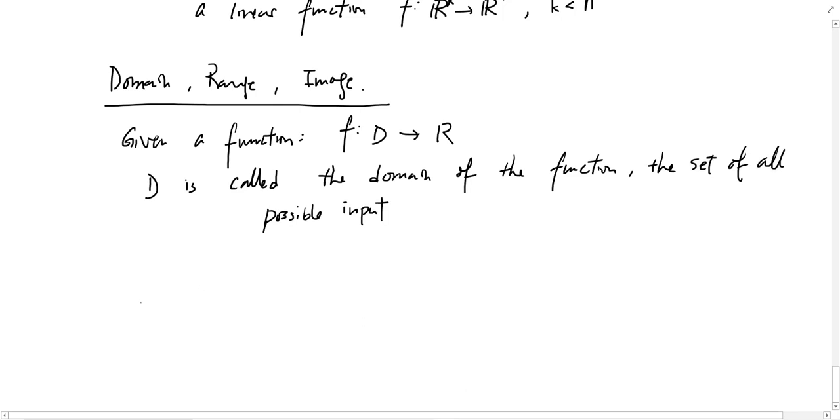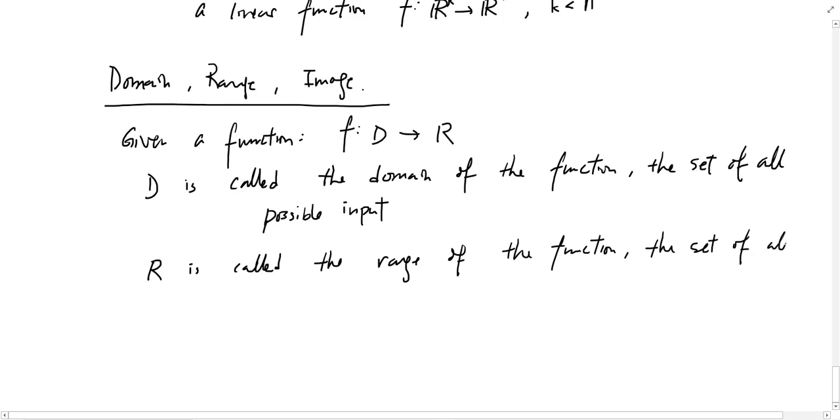Anything that you want to plug into the function is considered the domain. Okay. R is called the range of the function, the set of all possible outputs.